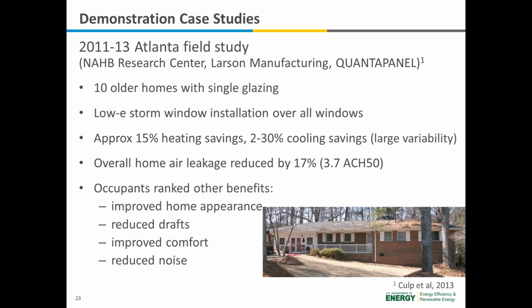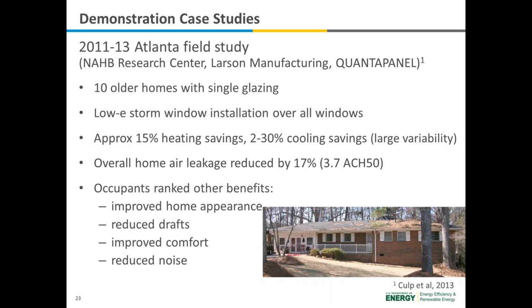And just by adding the storm windows, we were able to reduce these homes' air leakage by about that much. So that showed the original homes and the original windows are that leaky, so that the opportunity of adding a storm window can make a significant improvement in air leakage and energy savings.